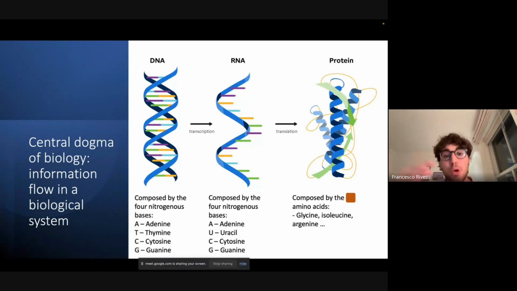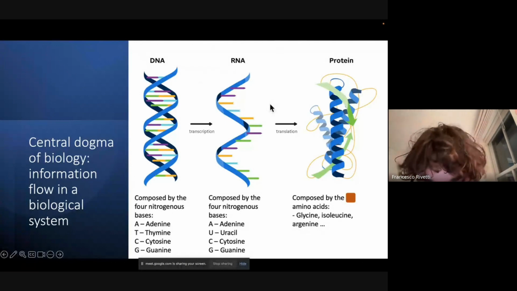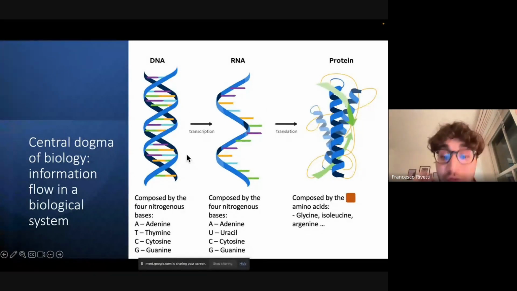But it's very important in the process of reading and interpreting DNA. RNA, like DNA, is composed of four bases, but one of the bases changes. Thymine is not present in RNA and is replaced by uracil. Also, whereas DNA is a double helix, RNA is a single helix.